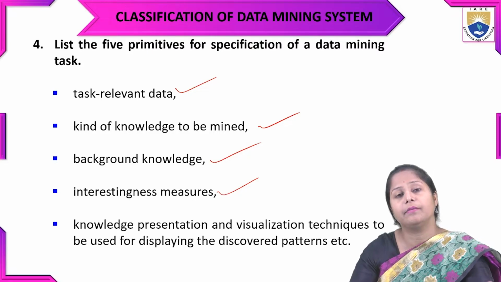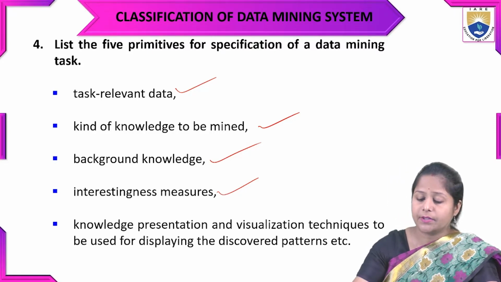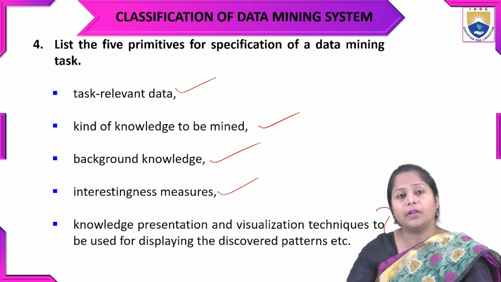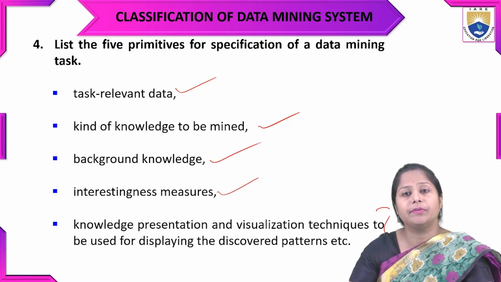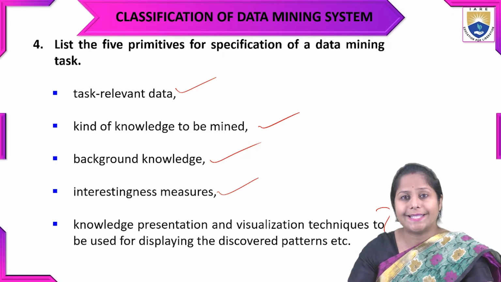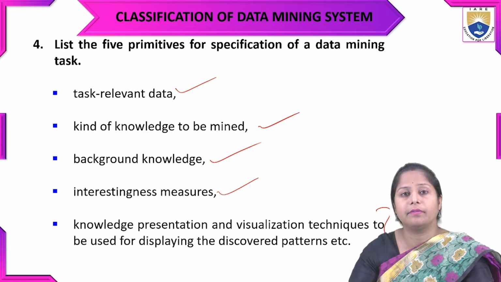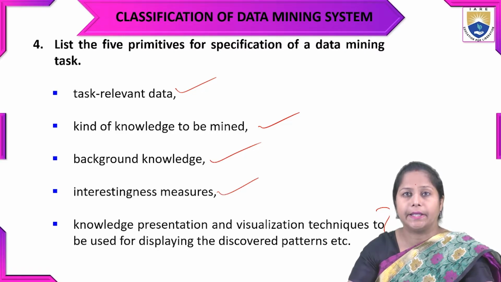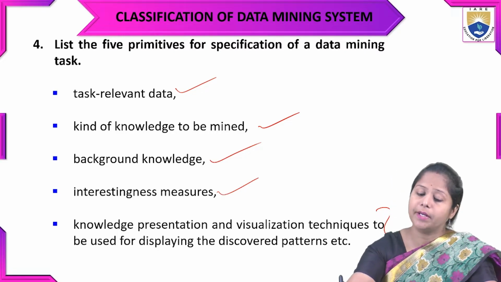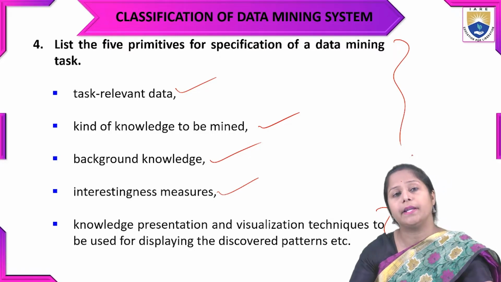On the basis of that, we have to apply the different measures. Next is the knowledge presentation in the form of visualization, using the visualization techniques to display the discovered patterns we have got from the data mining. So these were the 5 important primitives of a data mining task.